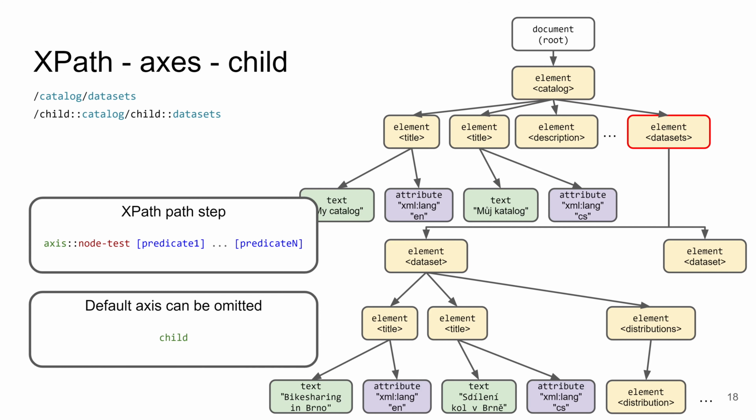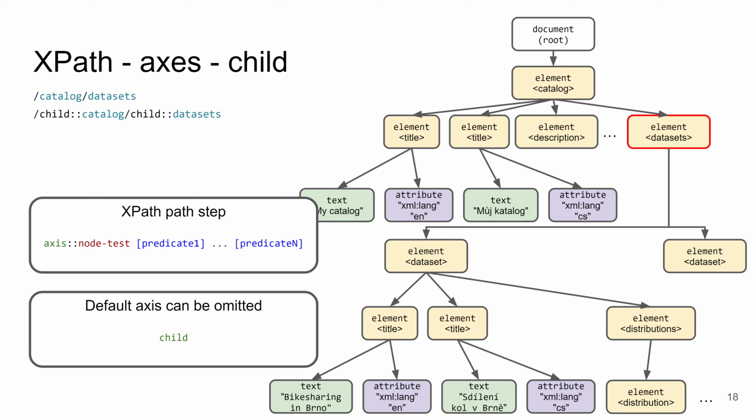Now, let's take a closer look at the individual steps which comprise the XPath path. So each step so far was an element name or an attribute name. That was, however, a syntactic shortcut. Since you can start in any node of the XPath data model, you do not always have to navigate to the children of the node you are in.